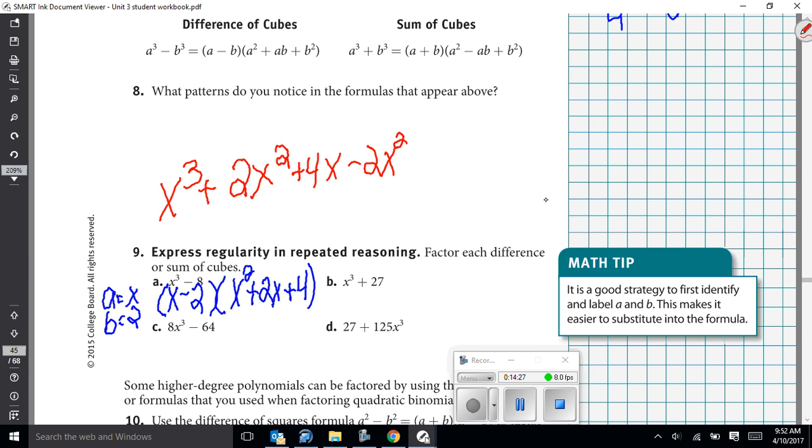Negative 2 times 2x. And then negative 2 times positive 4. So my 2x squared and negative 2x squared cancel. My positive 4x and my negative 4x cancel. So I'm just left with x cubed minus 8.